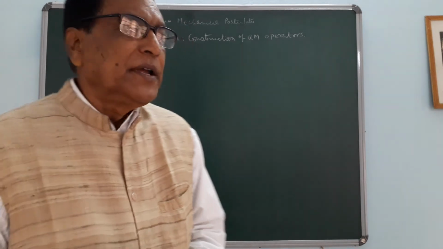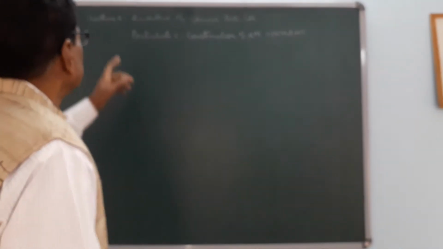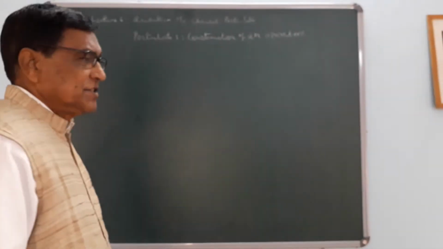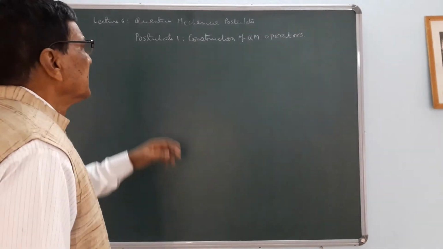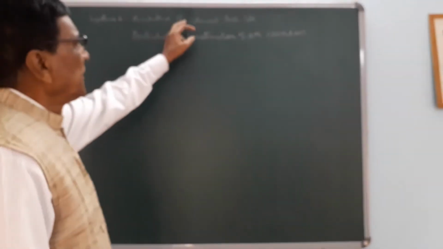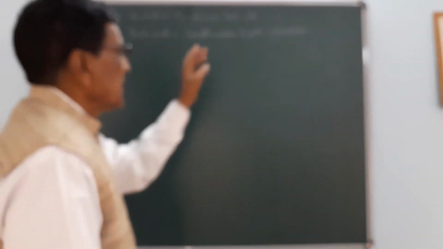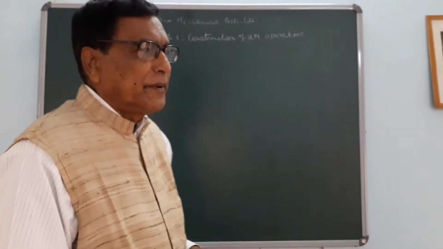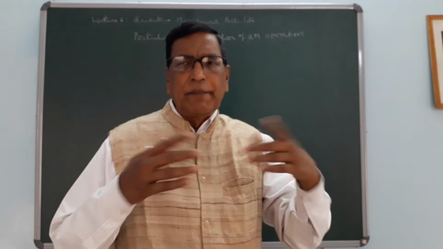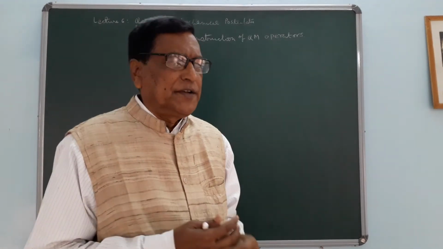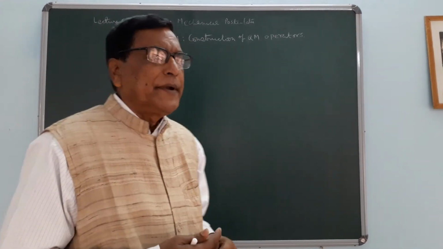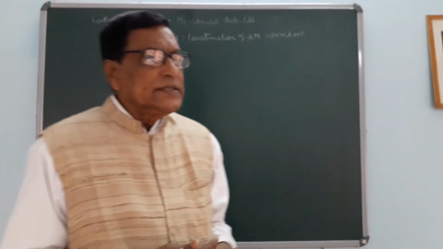Today, in my lecture 6 in the series of quantum mechanics, I shall discuss the quantum mechanical postulates, and today I give some idea about postulate 1, construction of quantum mechanical operators. How the quantum mechanical operators of a physical property are constructed.